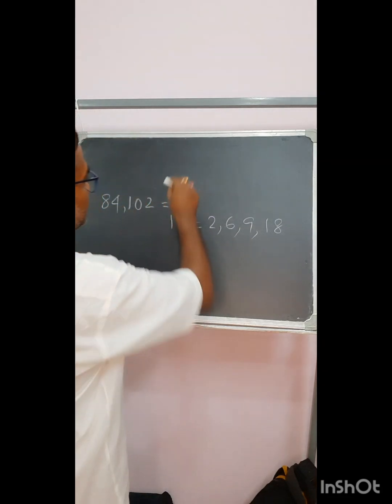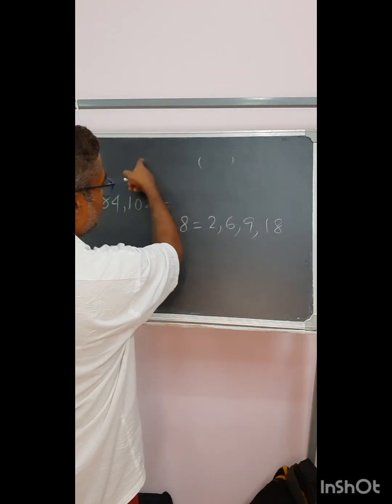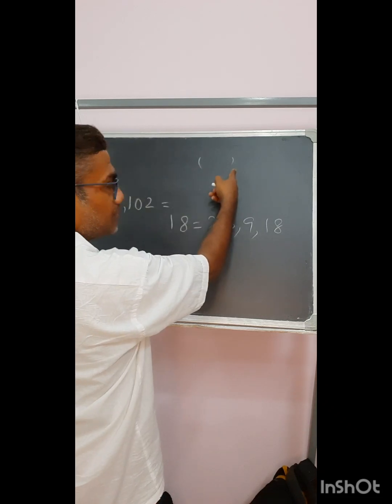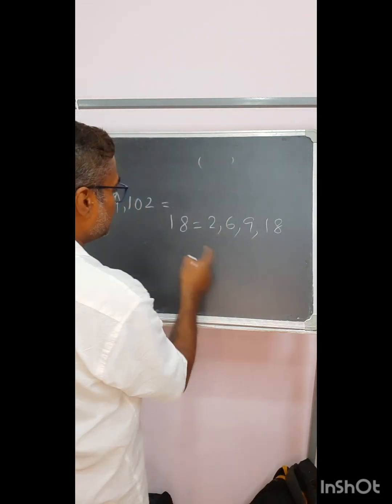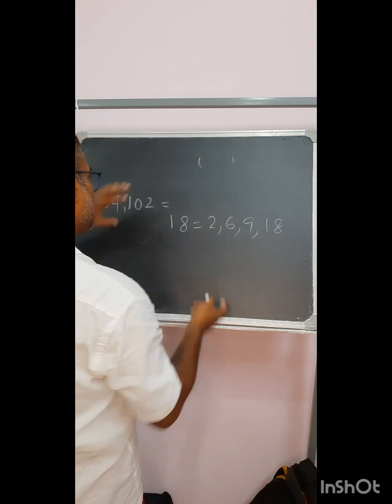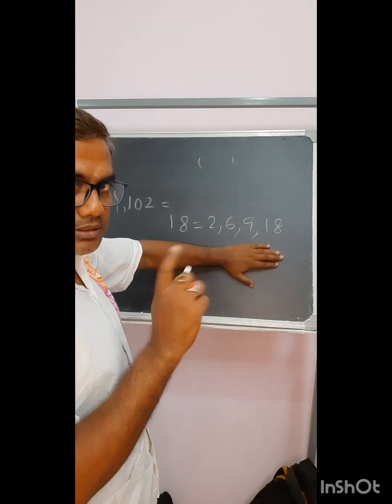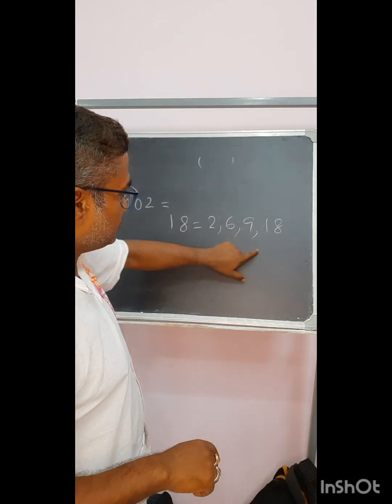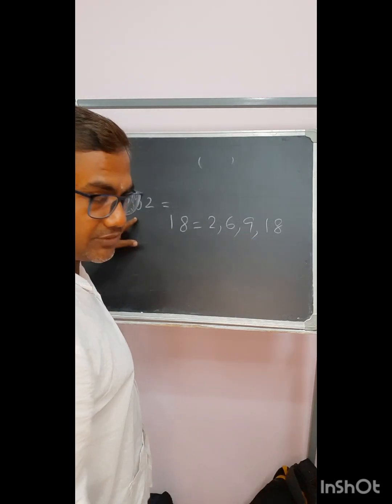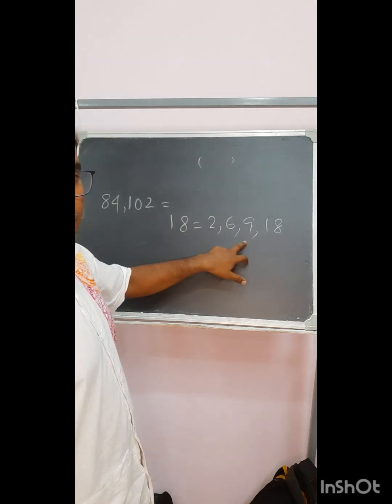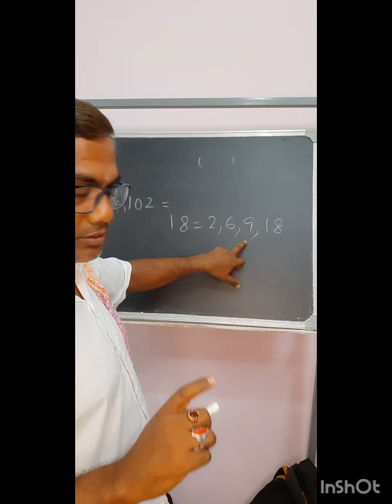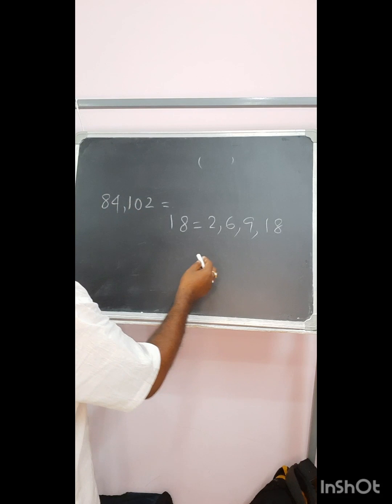So in the first case, if the difference is directly a perfect divisor, then the difference itself is the HCF. Otherwise, if the difference is not a perfect divisor, I take the factors of that difference, and whichever one is a perfect divisor of these numbers would be your HCF.